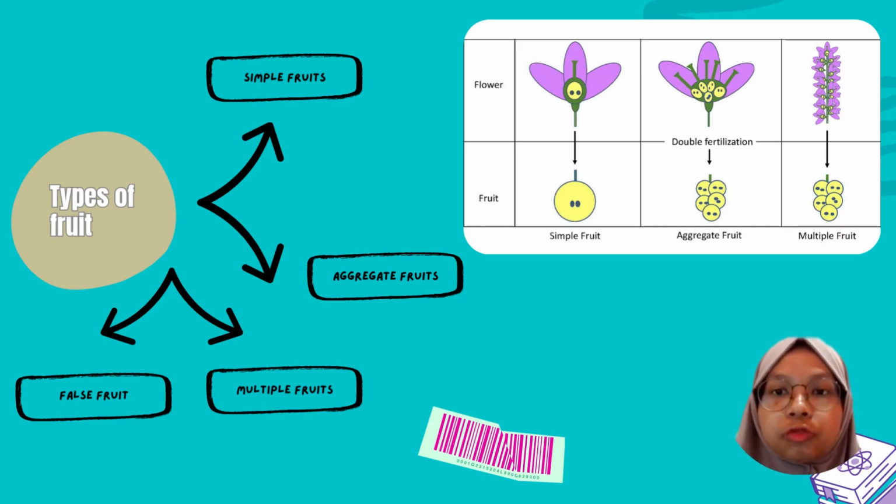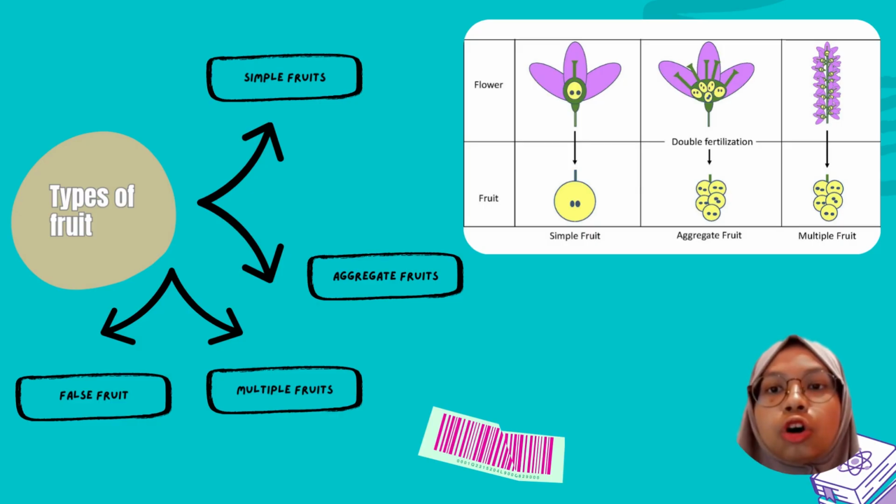The third is multiple fruits. These are fruits formed when several flowers in an inflorescence combine to produce a single large fruit. A common example is pineapple, where each unit on the skin was originally a separate flower.